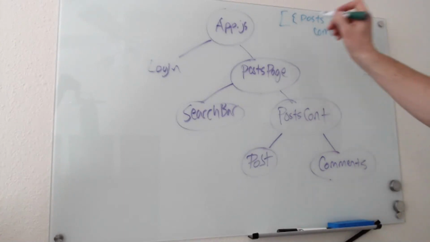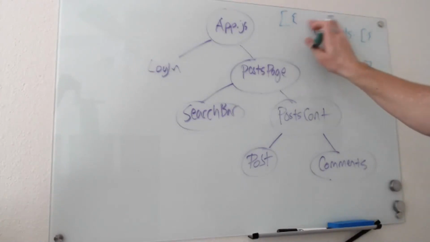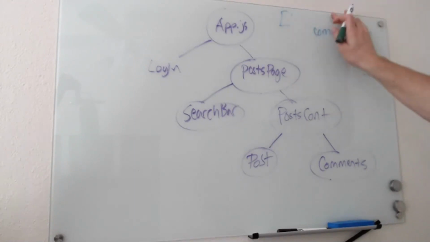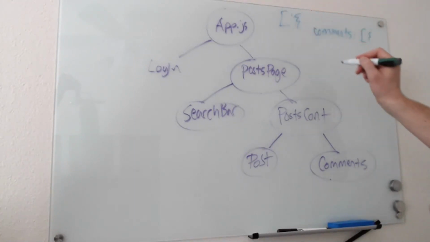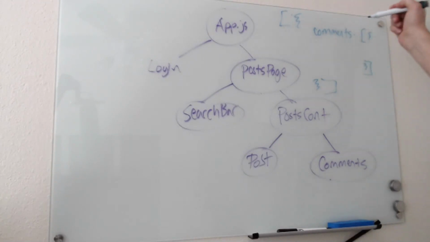But we know that we've got an array of posts, and each post, oh, sorry, let's see. An array of posts like this. And each post has an array of comments, right?